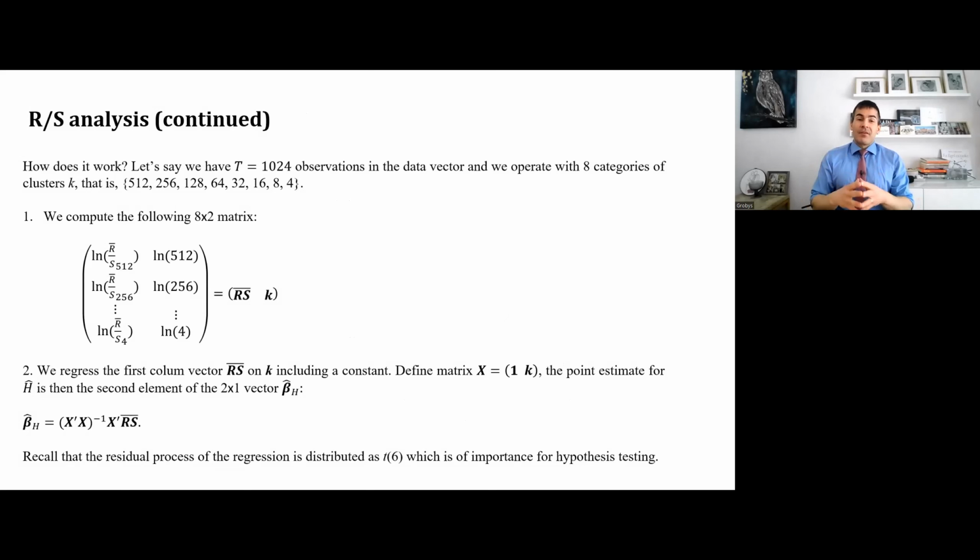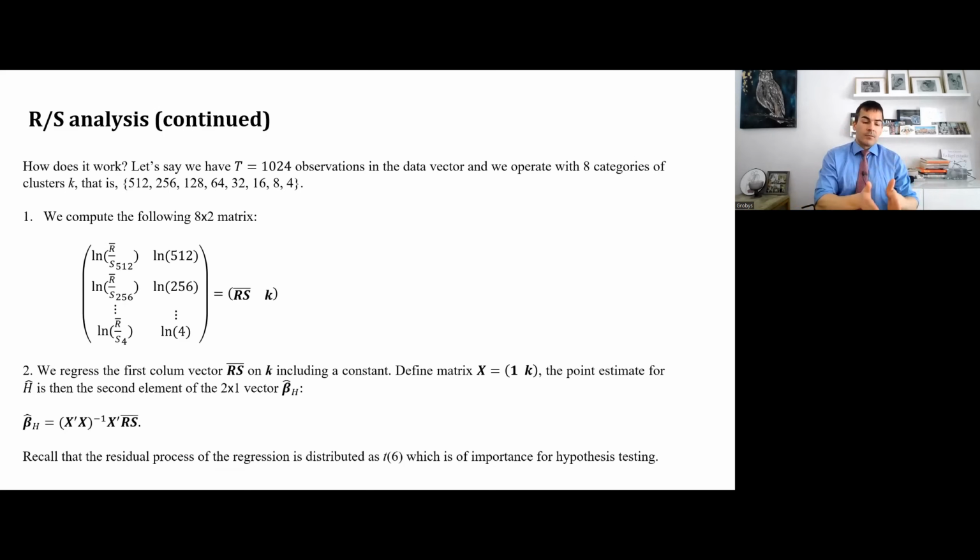Again, let's say we operate with 1024 time series observations in the data vector, and hence with 8 categories of clusters K. So again, we have clusters ranging from 512 until 4 observations, given a cluster group K. What we do then is we can compute the following 8x2 matrix.